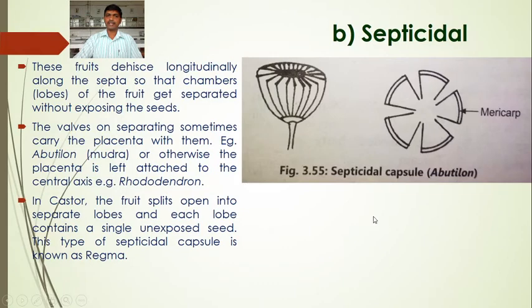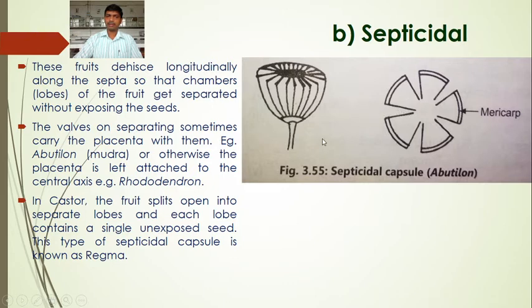In the septicidal type, the fruit dehisces longitudinally along the septa so that the chambers of the fruit get separated without exposing the seeds. So this is the septa, and it breaks open longitudinally.